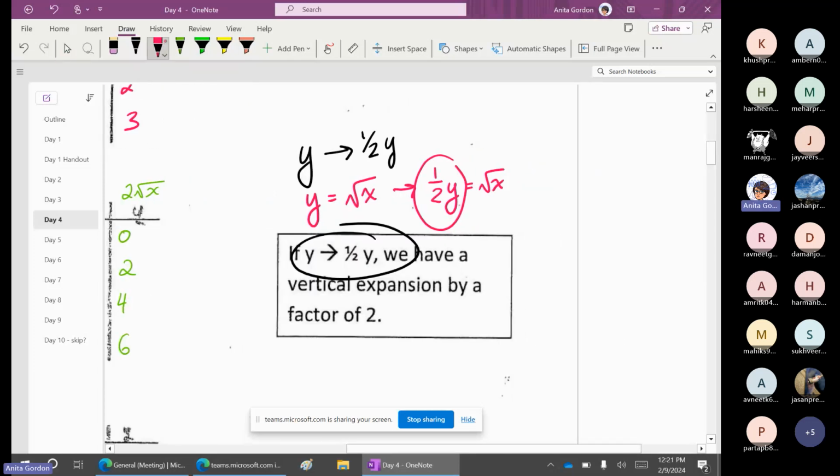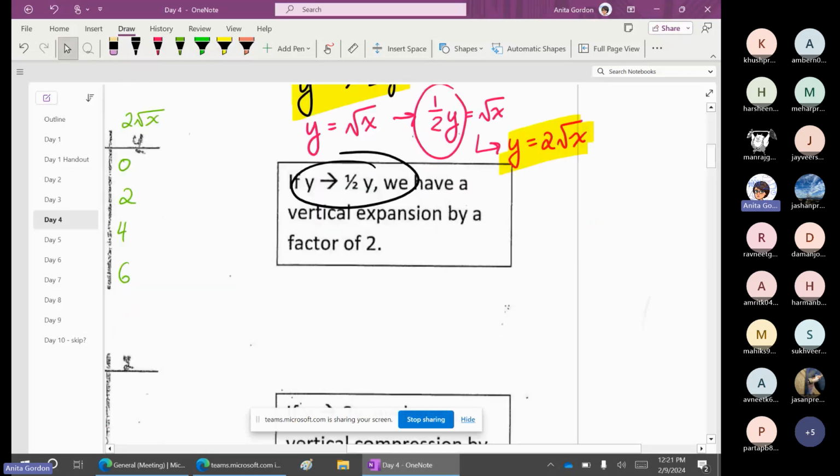And when I solve for y, I multiply both sides by 2 and I end up with 2 root x. So when I do the replacement, I have to think of it as upside down. If I replace y with 1/2 y, I am doubling the outcome, because when I solve for y, it's going to be 2 times the square root of x, or 2 times the function.